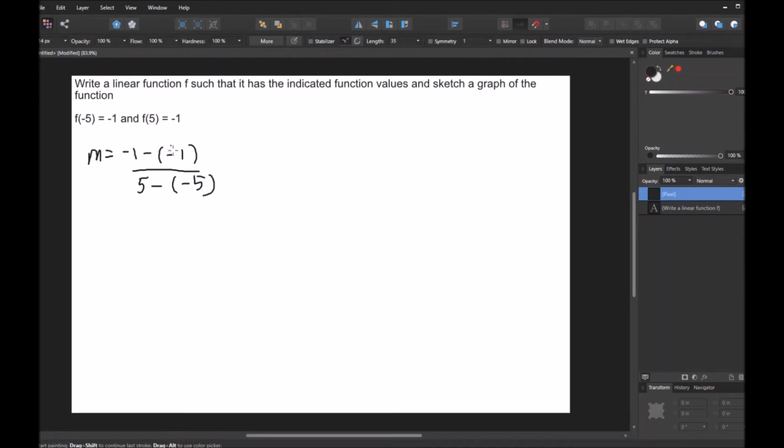Minus a negative is the same thing as addition, so we're going to be left with negative 1 plus 1 on the top and 5 plus 5 on the bottom. So that's going to give me 0 over 10, which is just 0.